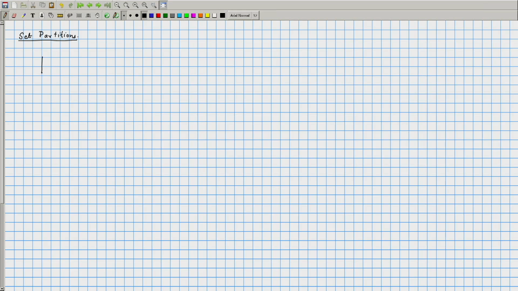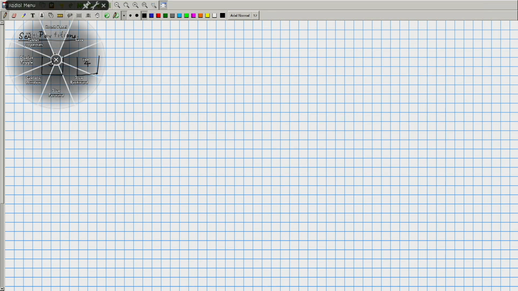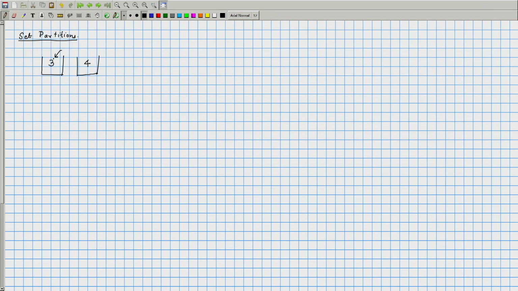Okay. Suppose you have two boxes, and let us say we had put 3 items here and 4 items here. Now, it is crucial as to which 3 items you had put. Suppose you had 7 balls, we could choose 3 out of 7 and put that in here.